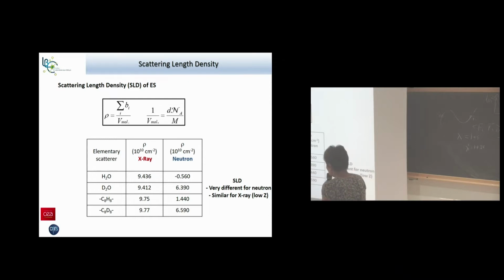Now, if you look at the scattering length density for neutrons. Maybe I missed it, but why, for H2O and D2O, for X-ray, is it the same? The same number of electrons. And for neutrons, the interaction of neutrons with deuterium is very different. The scattering length is very different. What is the interaction of neutrons with the nucleus?